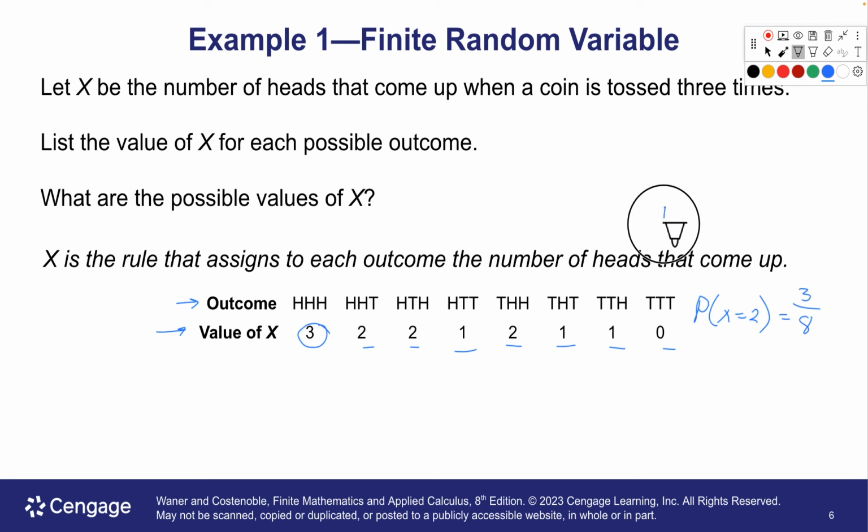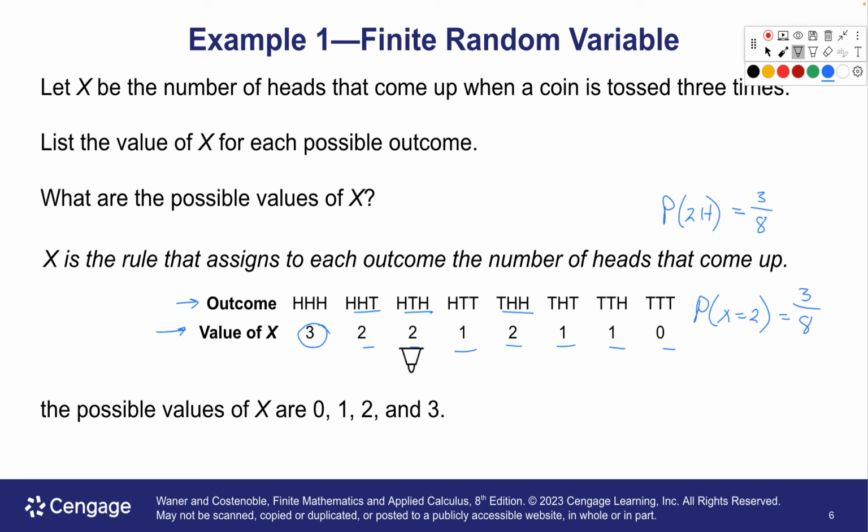Whereas before we might say the probability of getting 2 heads, and we would have done the same thing. We would have counted the outcomes here, here, and here, and said that there were 3 out of 8. So you see, very similar. It's just that we're kind of focusing. We've got one level of abstraction going on. So the possible values of X are 0, 1, 2, and 3.